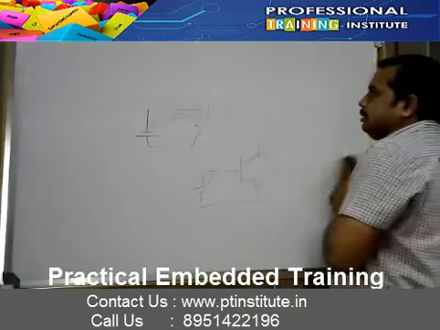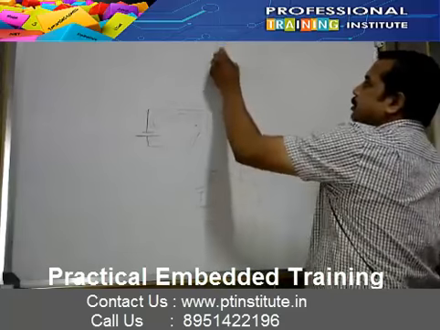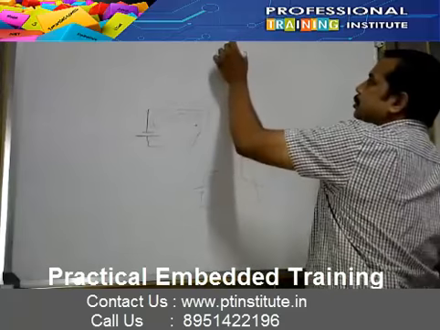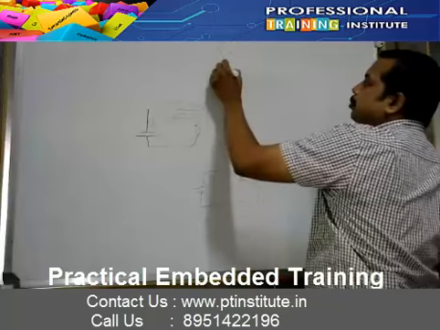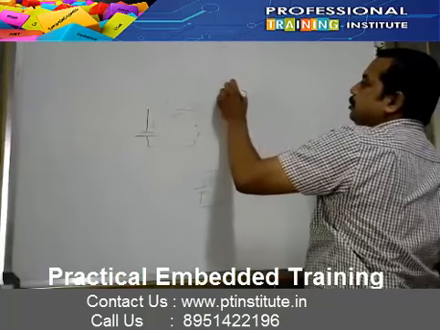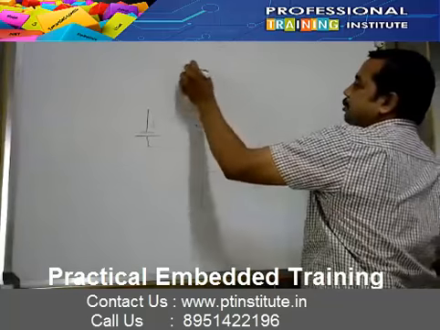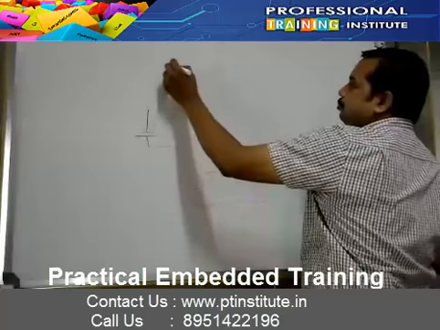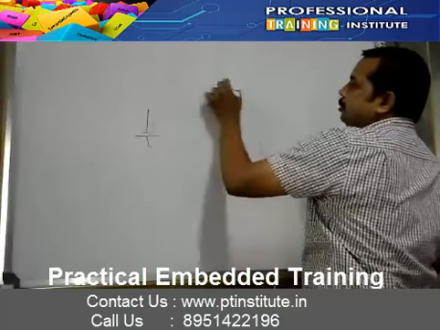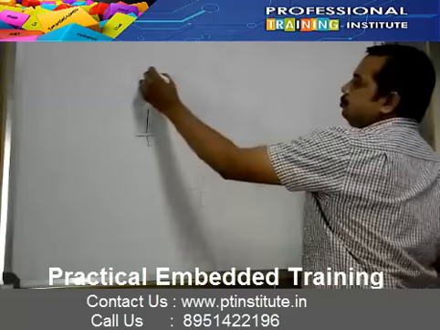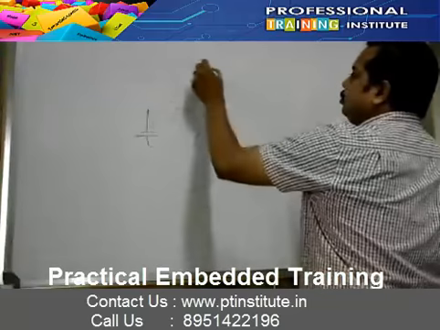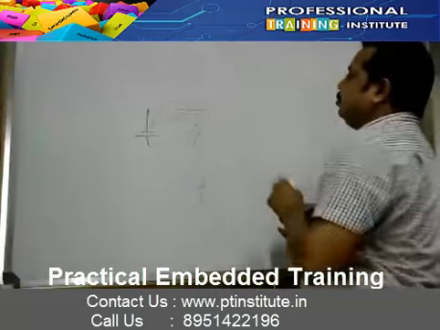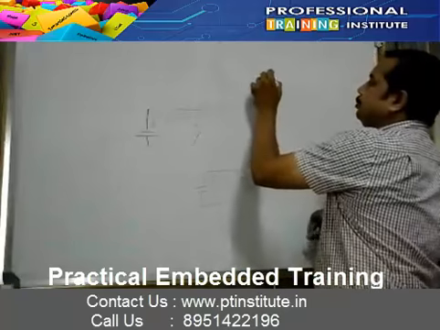Now let's do some biasing. This is 5 volt, and this may be a 10 kilo ohm resistor, transistor, ground. Here 500 ohm, 5 volt and ground, and I am taking output here.